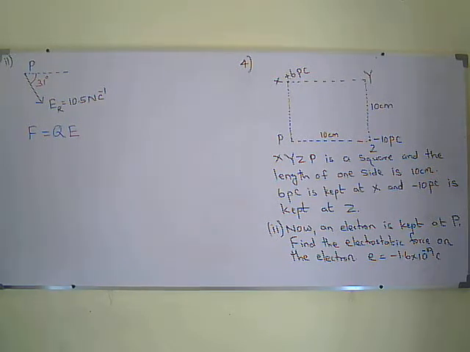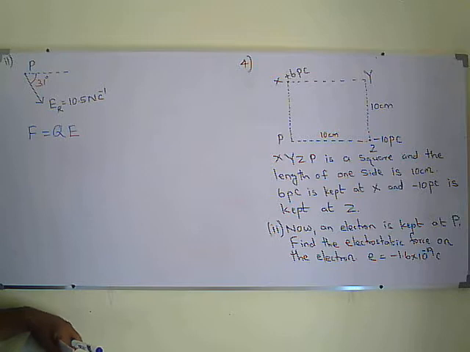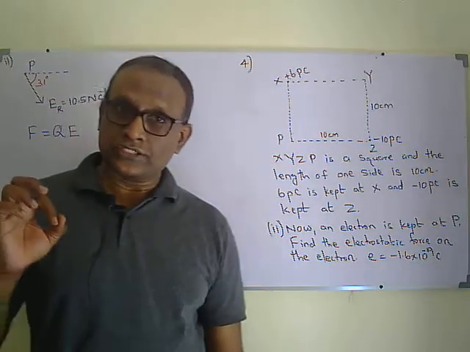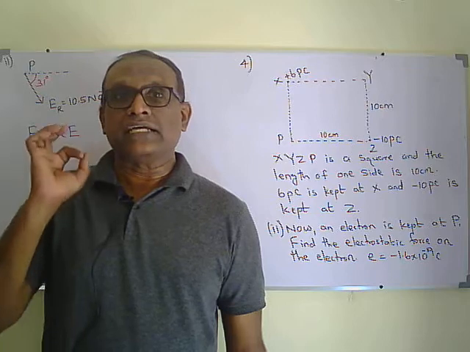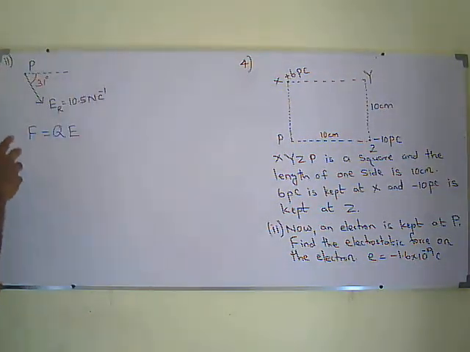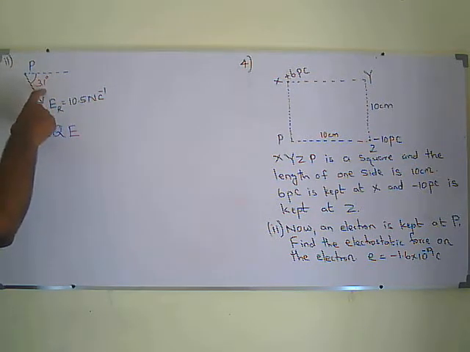But remember that in an electric field, a negatively charged particle will experience the electrostatic force opposite to the direction of the electric field. We found the direction of the electric field at point P is along this way, making an angle of 31 degrees.